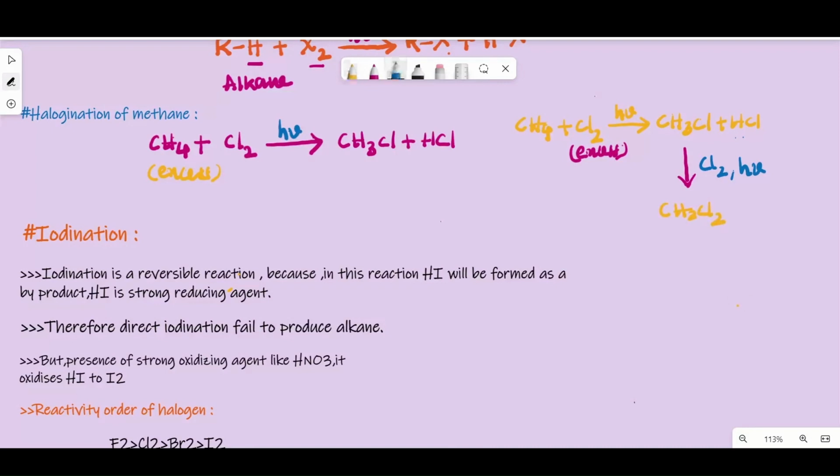Then again we have one more chlorine, as we took chlorine in excess, so we will get CHCl3, trichloromethane. Then finally, with Cl2 in the presence of h nu, you will get tetrachloromethane, CCl4.